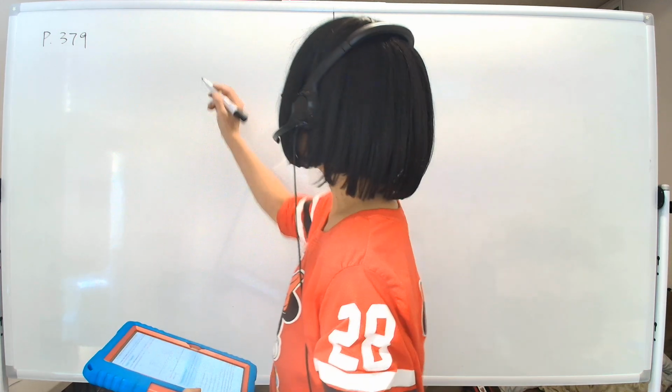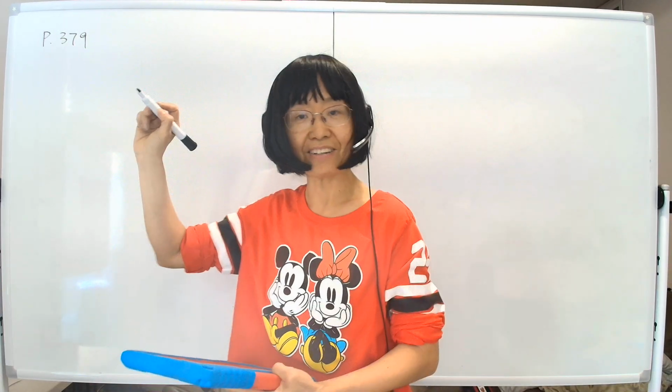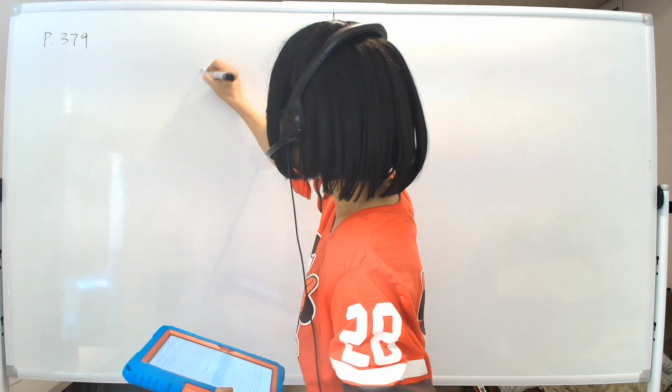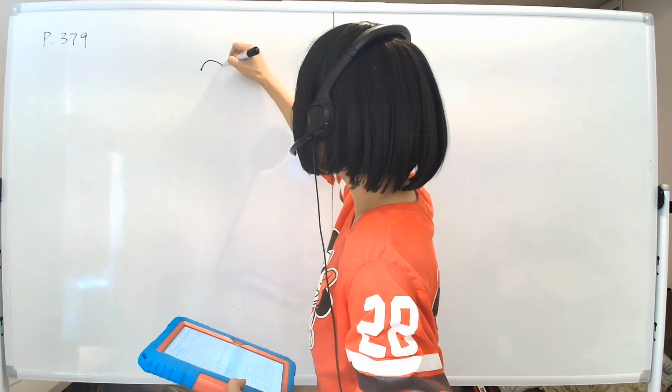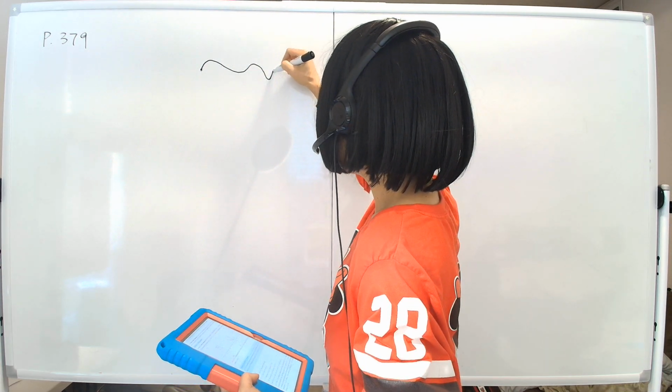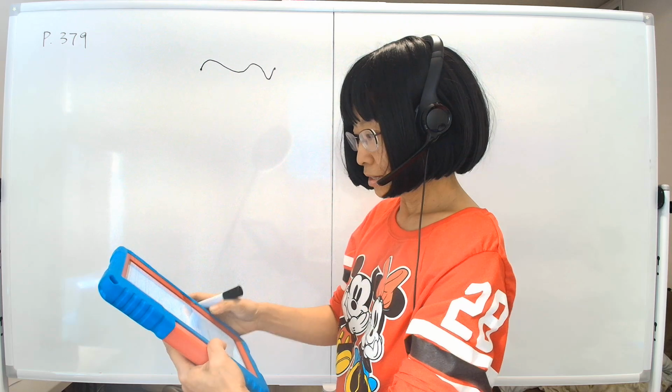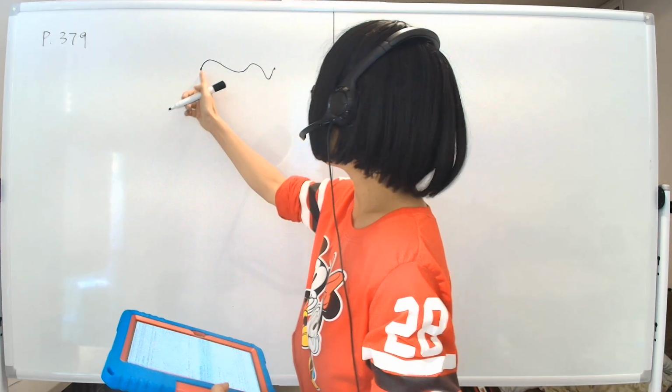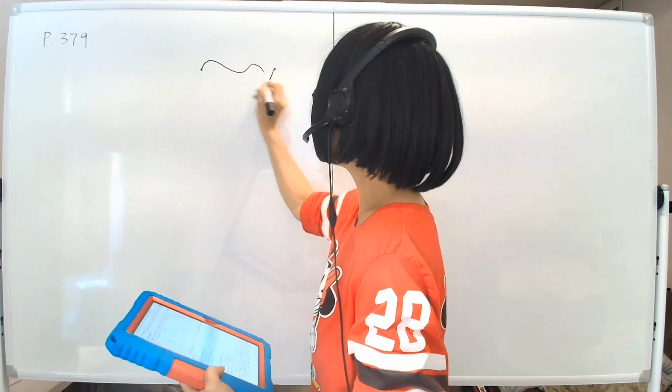What that means is if you have a function that starts at some point, goes around, and then ends up at the same point, see, this is level.